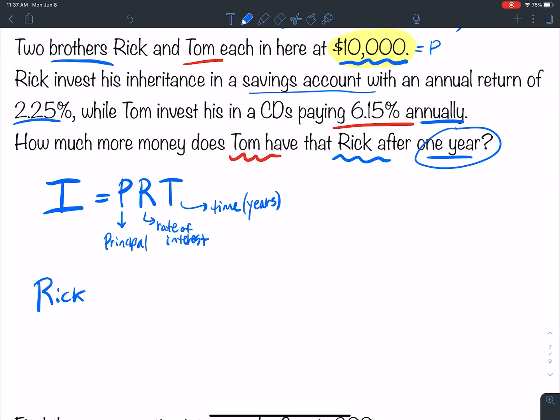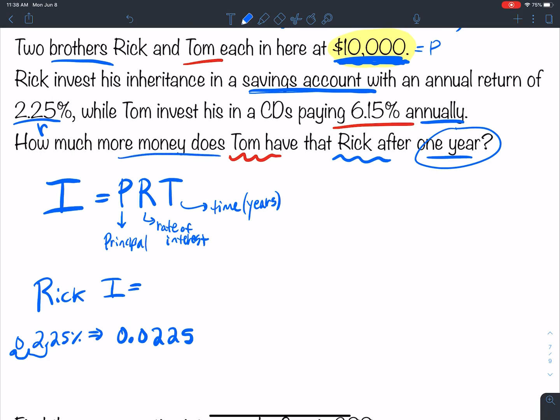Rick invests the inheritance in a savings account with an annual interest rate R of 2.25%. In number form, I take the decimal and move it over 2 places, so this is 0.0225. Since they both start out with 10,000, we just need to look at how much interest there is to figure out how much more money Tom has than Rick.